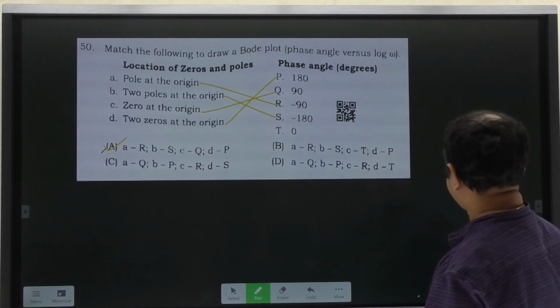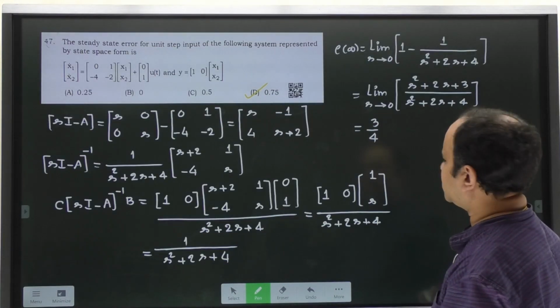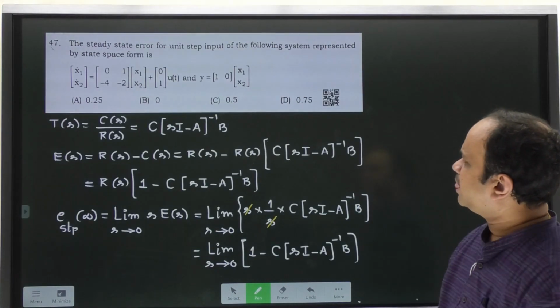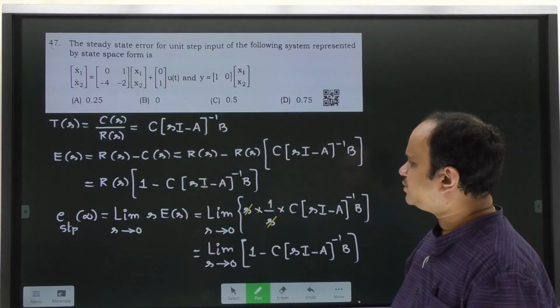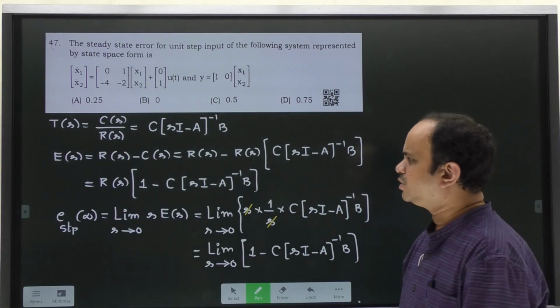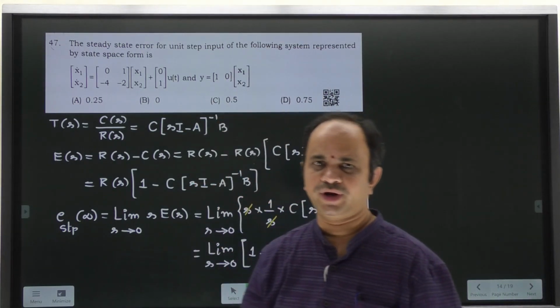Now, looking at these control system questions in this paper, only this question is a little bit lengthy and the rest of the problems are not so lengthy. In my opinion the difficulty level of control systems is easy to moderate.